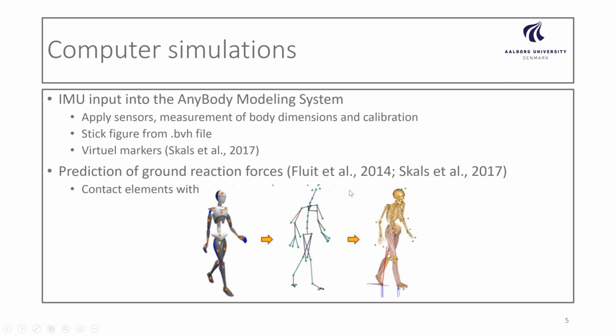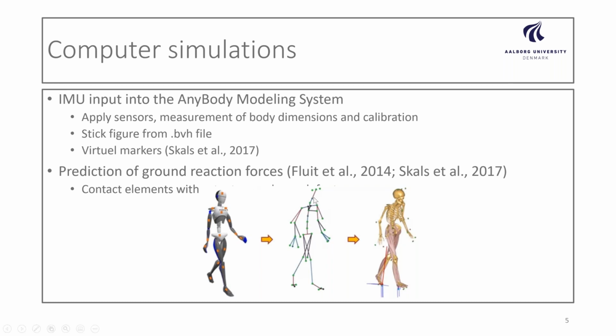the stick figure is combined with the musculoskeletal model, where there are virtual markers both on the stick figure and on the musculoskeletal model, and then by using an optimization routine in the modeling software, we get the best fit of the musculoskeletal model. So basically, it's very similar to using an optical motion capture model.